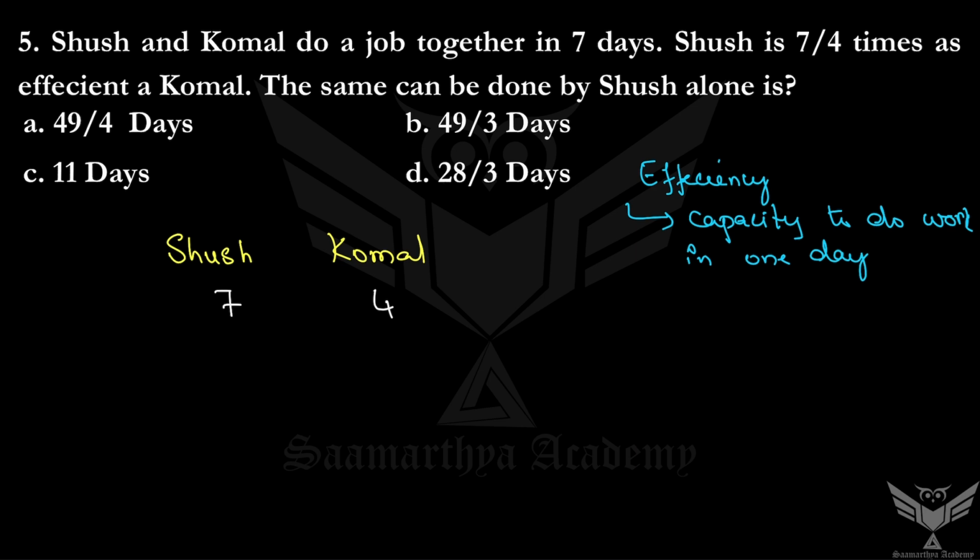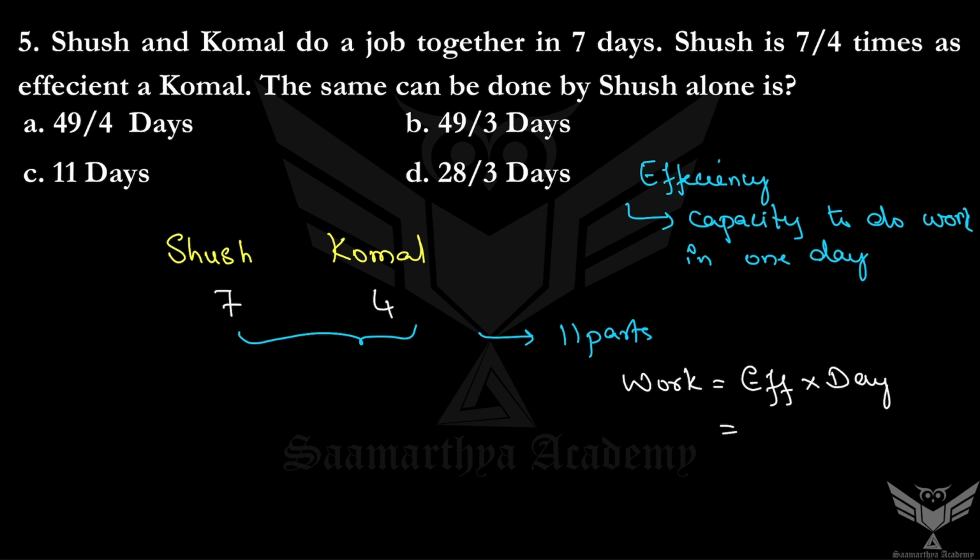So together they'll do 11 parts. Now what is the total work? Work is equal to efficiency, that is 1 day work, times the number of days. Total efficiency together is 11 and together they are taking 7 days. So 11 into 7 will be 77 parts of the work. So total part is 77.